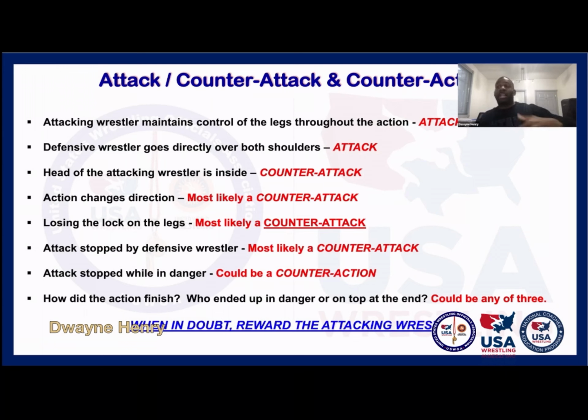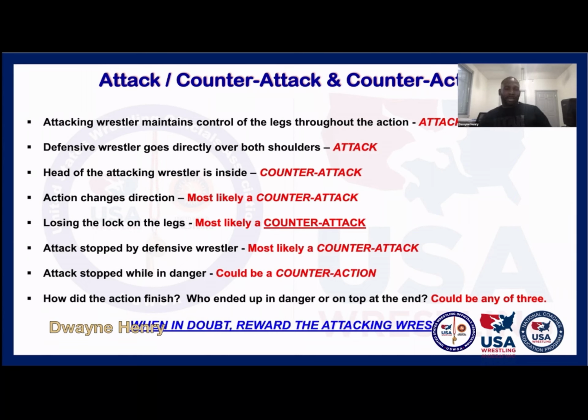Losing our locks on legs and different things like that, that could be a counterattack situation. So when we talk about our locks or losing our locks, that could be from an actual physical hold lock of locking your hands together, or even just the clamp or the hold you have on the leg. That can come from a double leg situation, even a single leg situation.